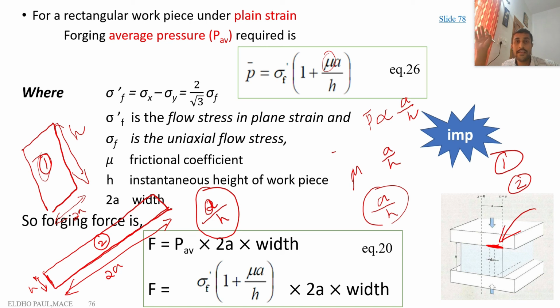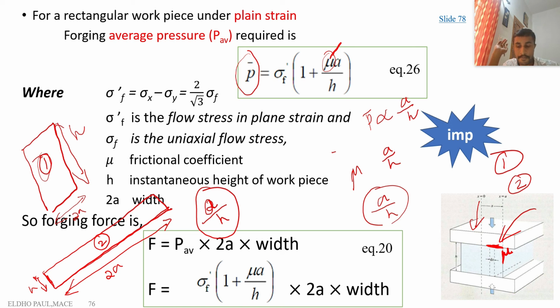When we use lubricants, the mu value can be reduced. So when the mu value is reduced, of course this P value will also reduce. The pressure requirement for the deformation can be reduced.